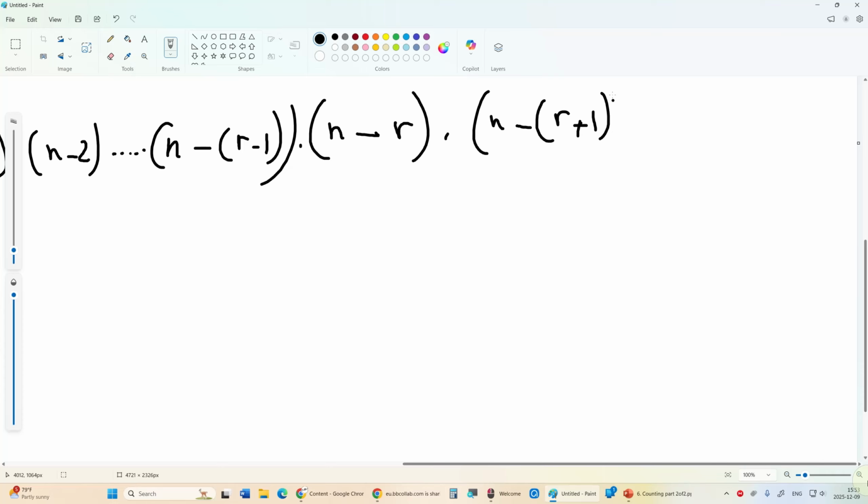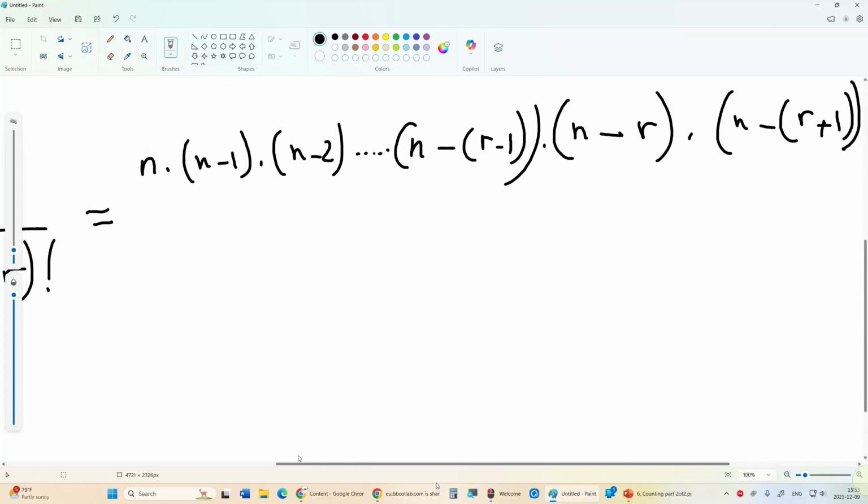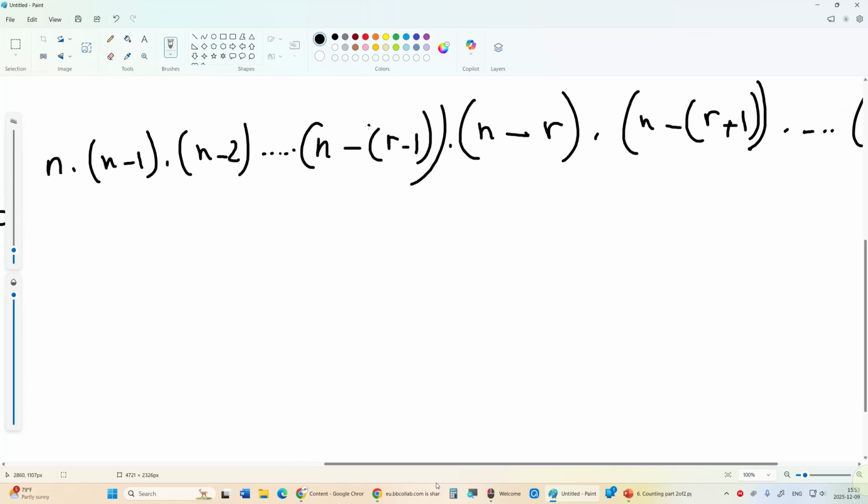I'm still reducing the amount until I reach maybe 2, and then multiply by 1, and this is the result of the factorial.